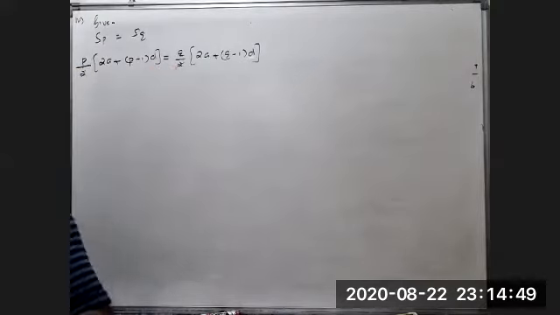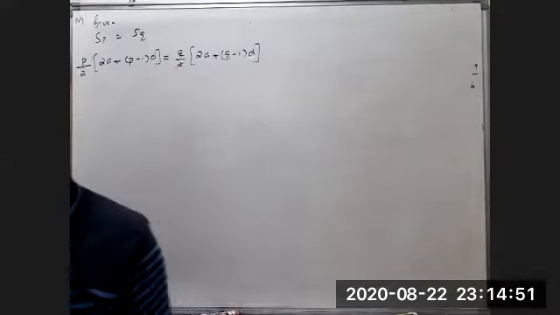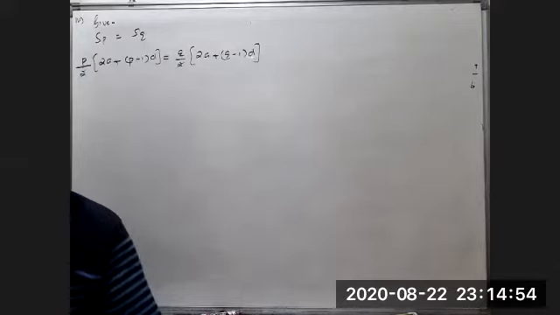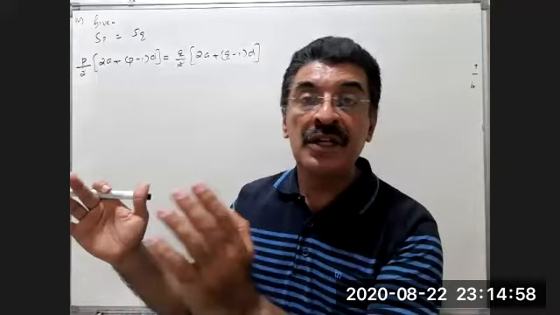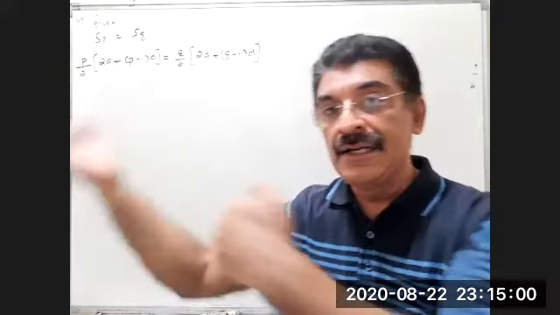Whenever we get a relation like this, get a relation between A and D. That means keep all the terms of A on one side, D on the other side.